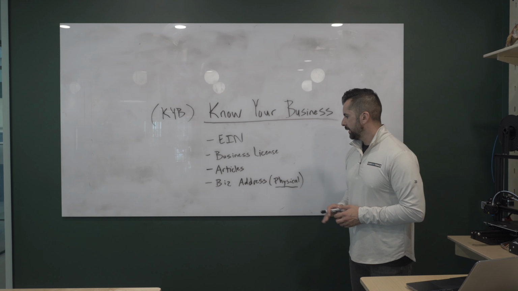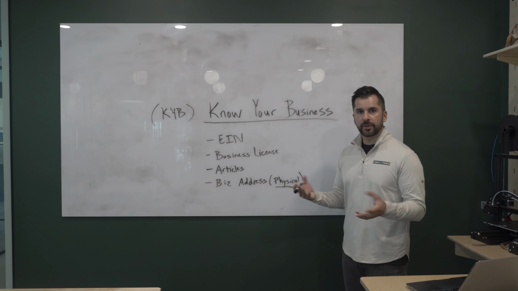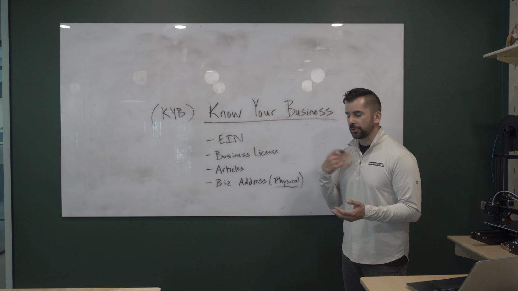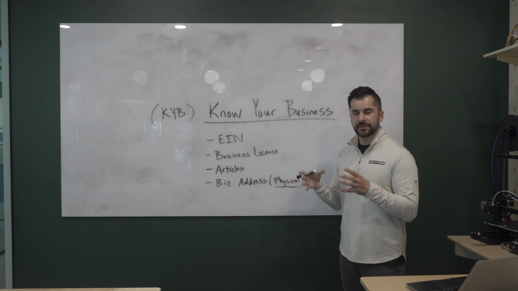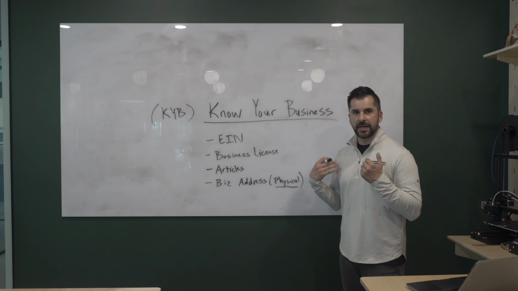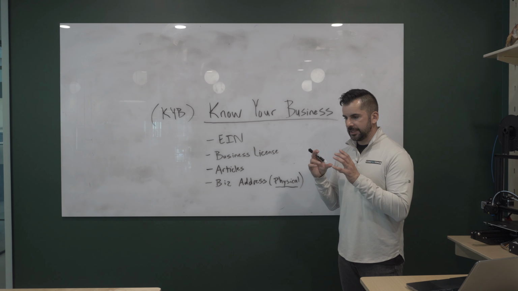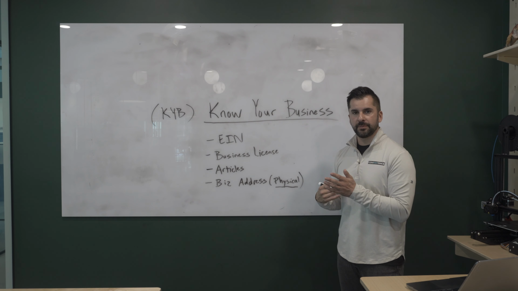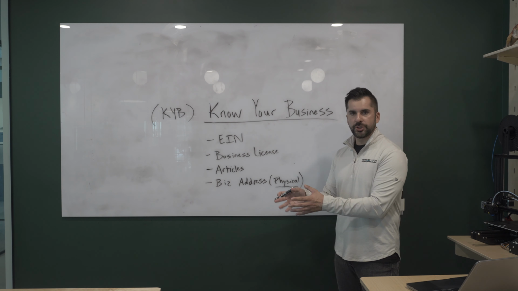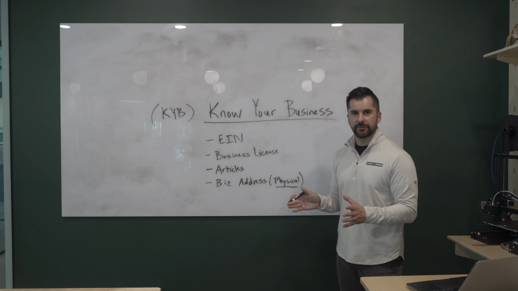With this, you can use what's called a WeWork or a co-working space. I personally work out of a co-working space, meaning that there are hundreds of businesses in this complex. The address is the same for all of the individuals, but I have mail that comes to me that is associated with my business, and it's Google verified.